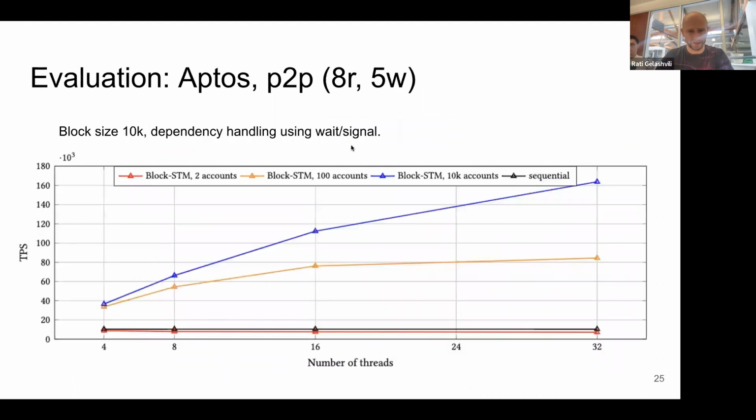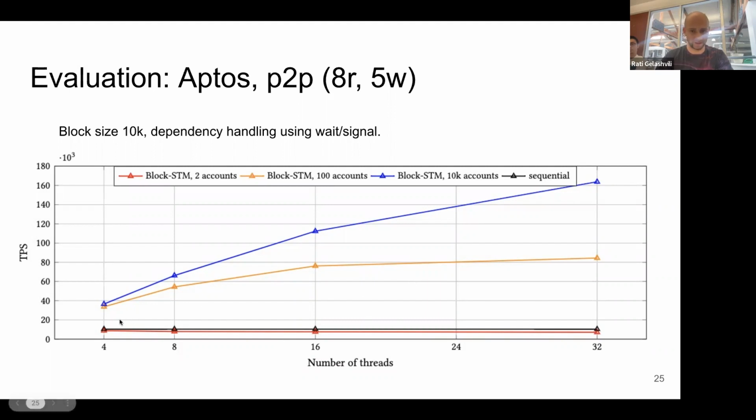So I'll skip this, and emphasize one more thing here. This is the Aptos peer-to-peer transaction, and as you see, it shows just our own scaling. With more accounts, obviously we scale better because there are fewer conflicts, but even with 100 accounts, we scale pretty well, up to 32 threads. More importantly, one of our design goals was that if you have a sequential load, we don't want a lot of overhead.